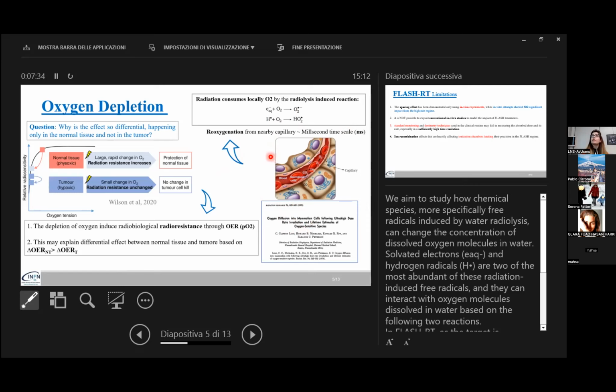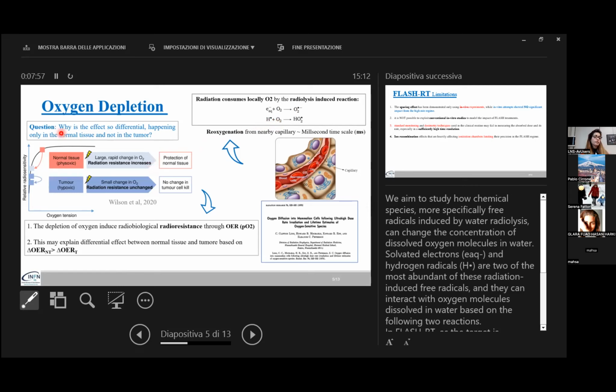So by consuming oxygen according to these reactions in this short time, we don't have any reoxygenation from the capillary to the target. So we have no reoxygenation. This is called oxygen consumption or oxygen depletion.